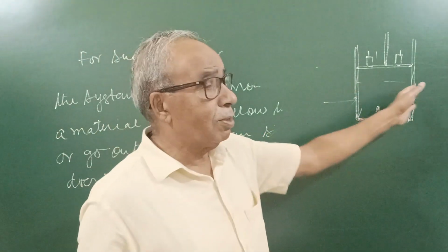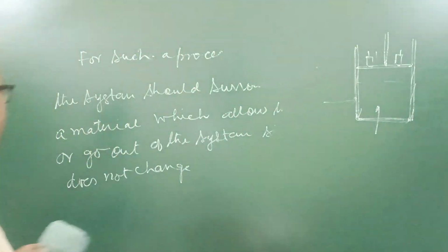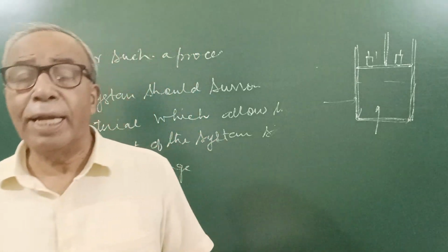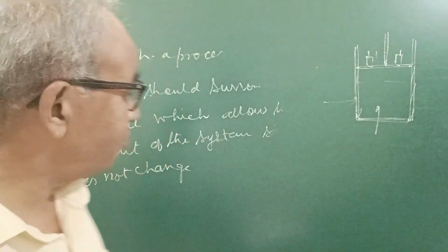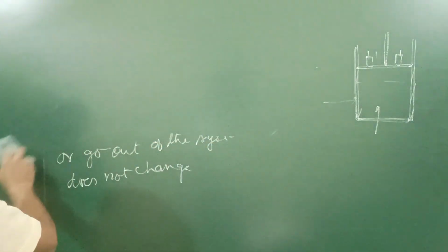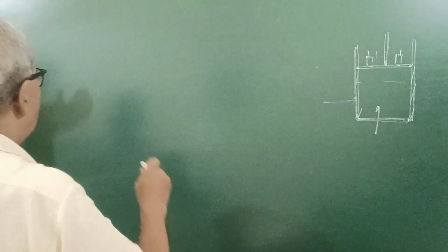So, to keep the temperature constant, heat should go out. This is what we wrote here, that the system should be surrounded. Here the ideal gas is system. So whatever the heat produced, that goes out, and it means it's the surrounding.